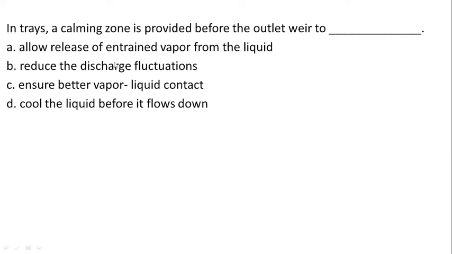Next question. In a distillation column with cross flow sieve trays, entrainment flooding occurs with increase in dash velocity and downcomer flooding occurs with increase in dash velocity. Let's see the details. There are two types of flooding: entrainment flooding and downcomer flooding.